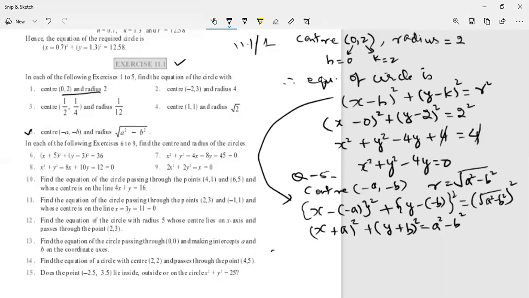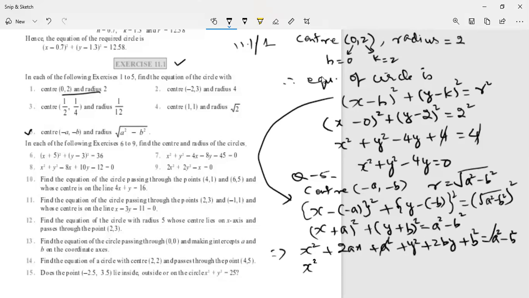Or you can simplify it also: x square plus 2ax plus a square plus y square plus 2by plus b square is equal to a square minus b square. This a square will cancel with this, and b square will come this side.